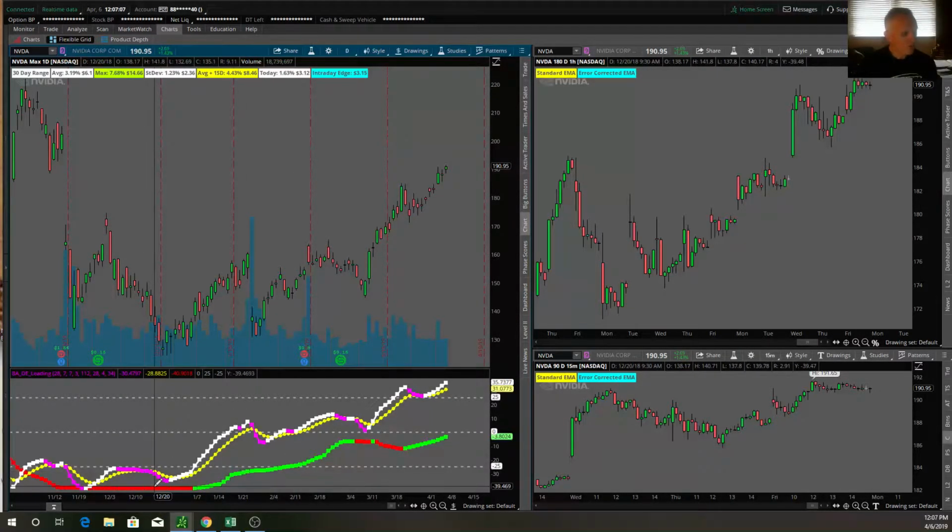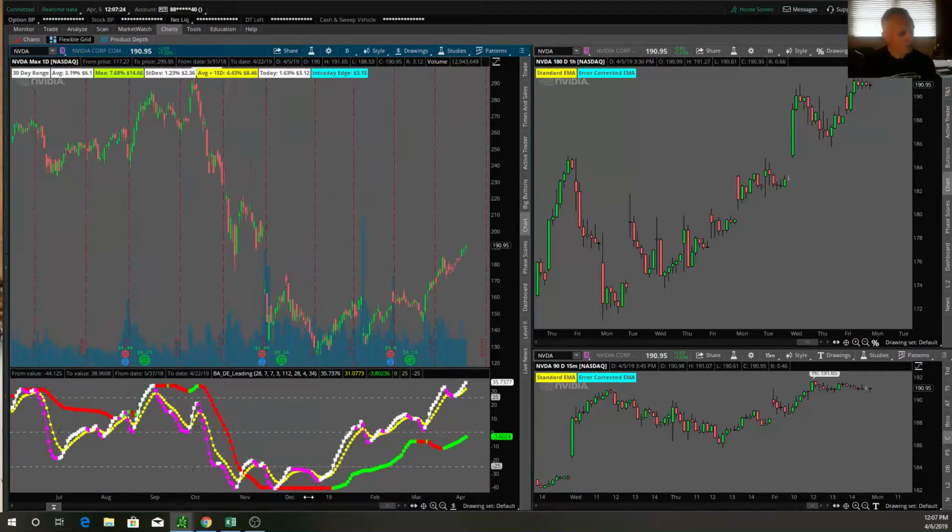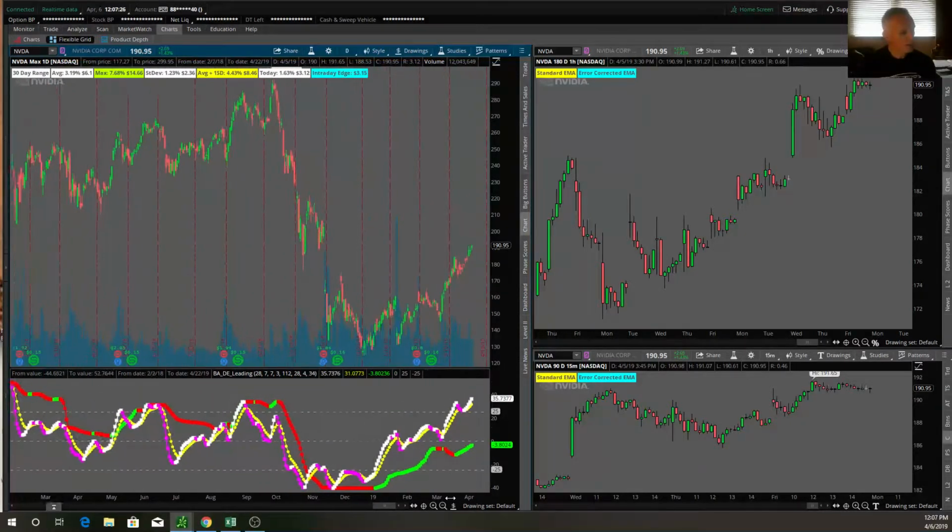For me, it's more of a bottom picking, top picking tool, not a momentum tool. If you want to use it as momentum, I'm going to show you how to do that. But it has 2 components. The first one is the bottom and top picking component. So I'm going to show you bottoms and tops.